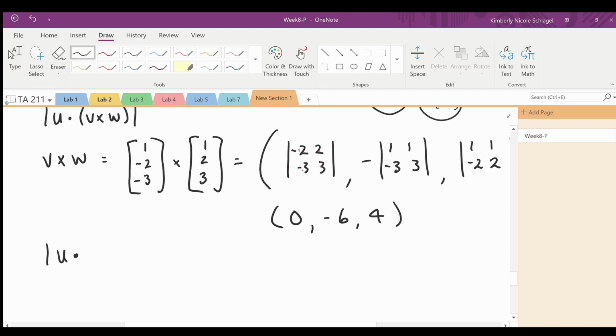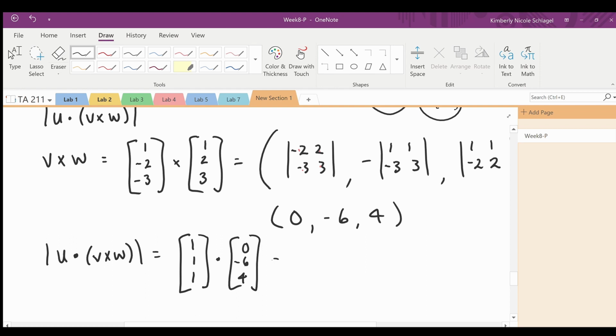Now what we have to do is take the absolute value of U dotted with what we just found, V cross W. So we do 1, 1, 1, that's our U, dotted with our 0, -6, and 4, which is our V cross W. And we end up with 0 minus 6 plus 4, which equals -2, and the absolute value of that is just 2.